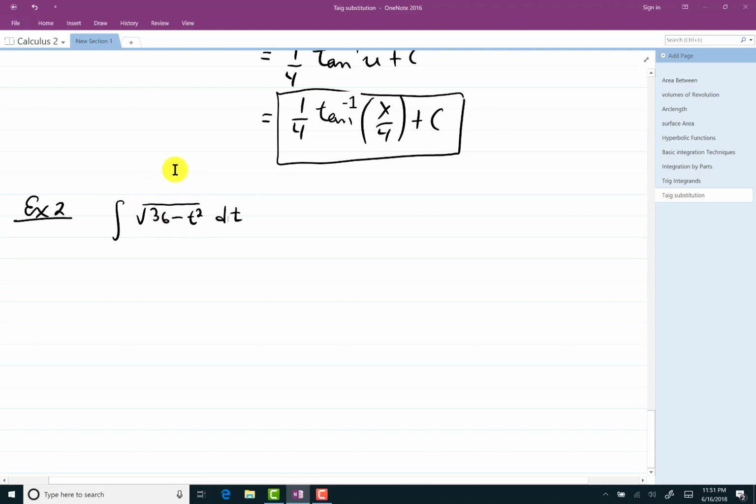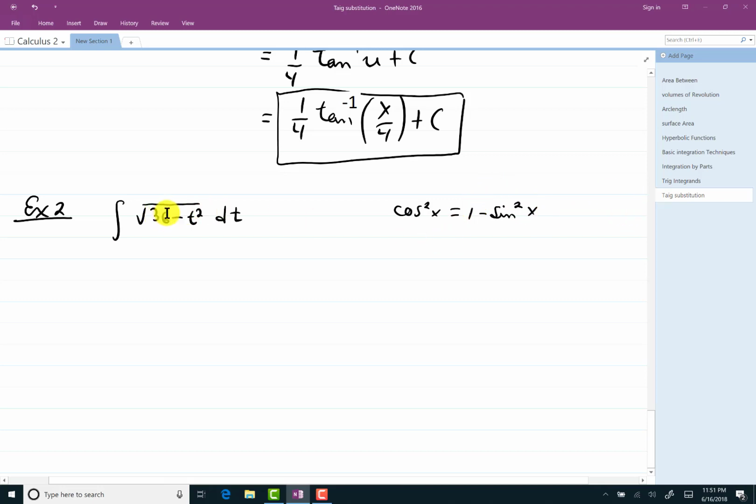All of our trig stuff seems to have things in the denominator, all the stuff that we've memorized. So what I'm going to try then is to make this into a trig integral by making the following substitution. My inspiration, if I have a number minus t squared, I always look at this as my inspiration. Cosine squared of x equals 1 minus sine squared of x. The idea is this.